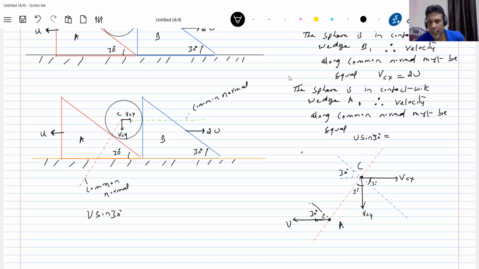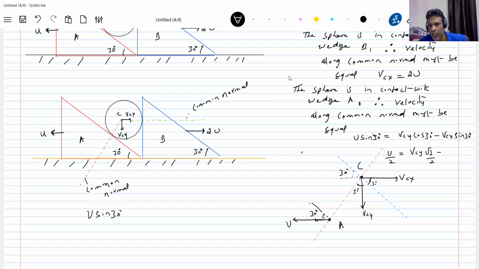U sine 30 degree should be equal to what? VCY cos 30 minus VCX sine 30. This will become U by 2. VCY we don't know. Cos 30 is root 3 by 2.